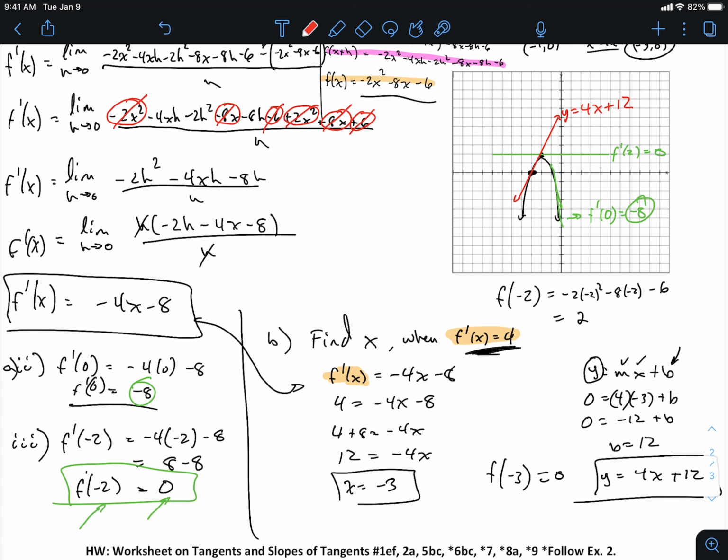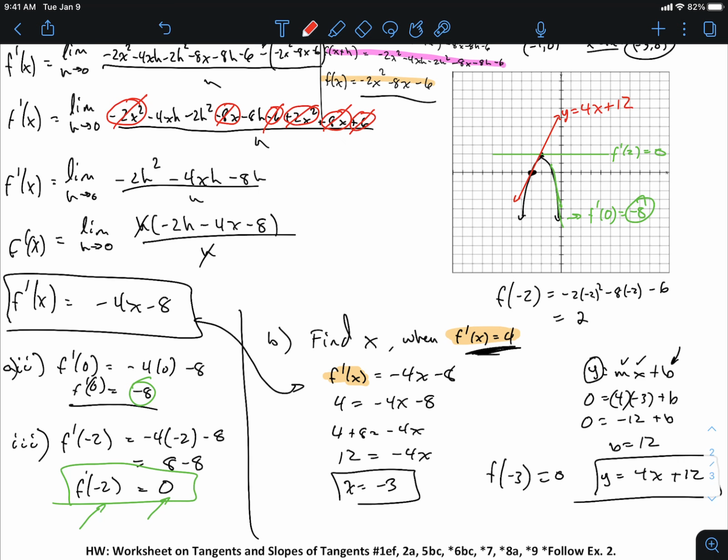And then we can find equations of all of the tangents around that curve. So hopefully that makes a nice connection between what we did yesterday and what you've done in the past in other courses.